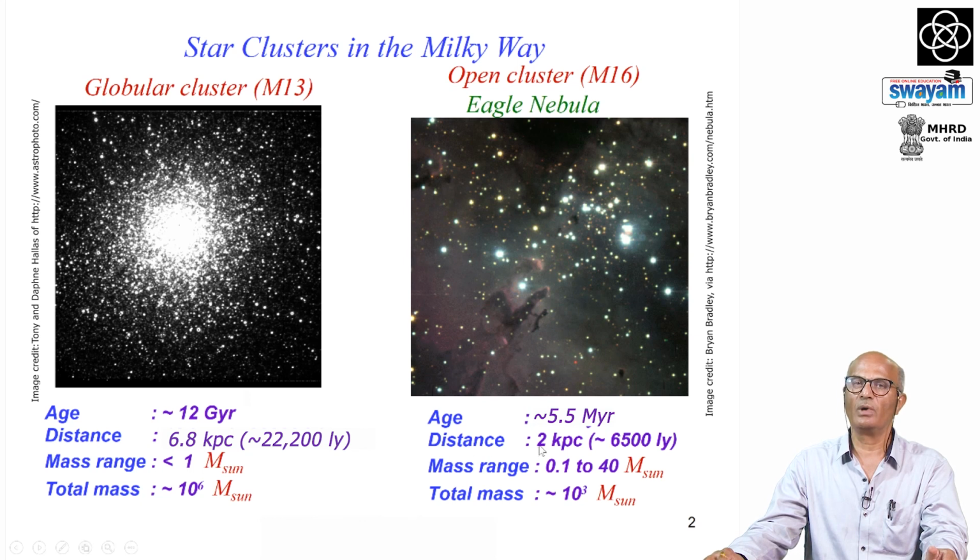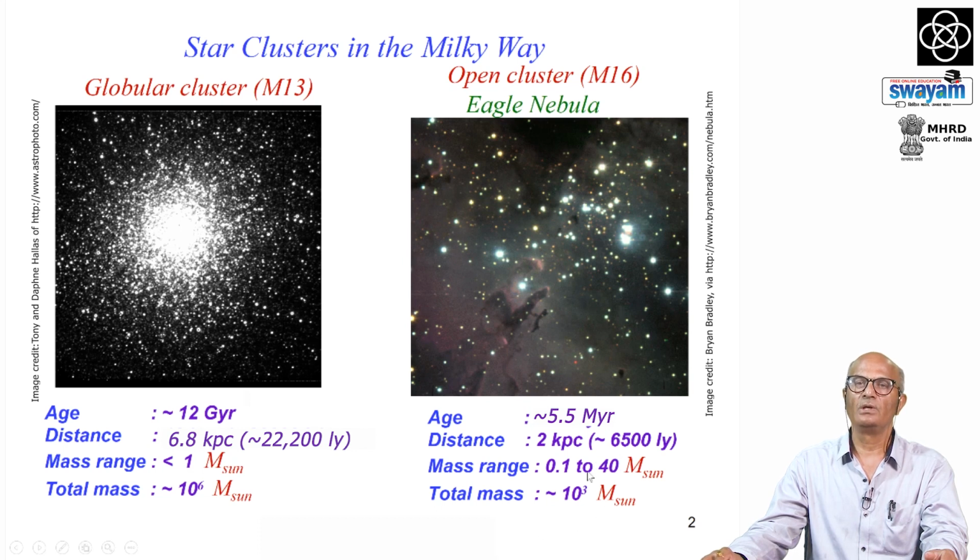The distance is nearby compared to the globular cluster, about 2 kpc, and it has a wide mass range compared to the mass range of a globular cluster. In this case, the lowest mass is about 0.1 solar mass, meaning it has some pre-main sequence stars, and massive stars have already reached the zero age main sequence, of the order of 40 solar mass.